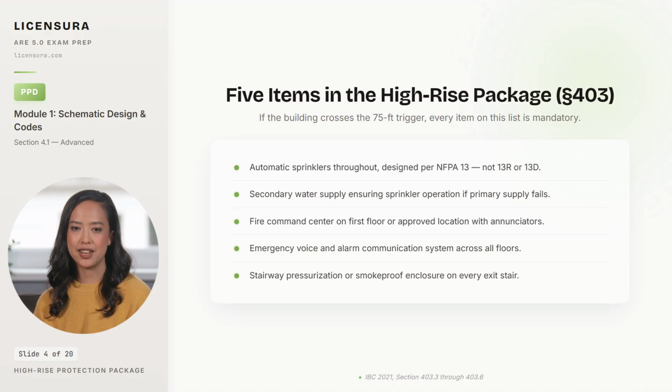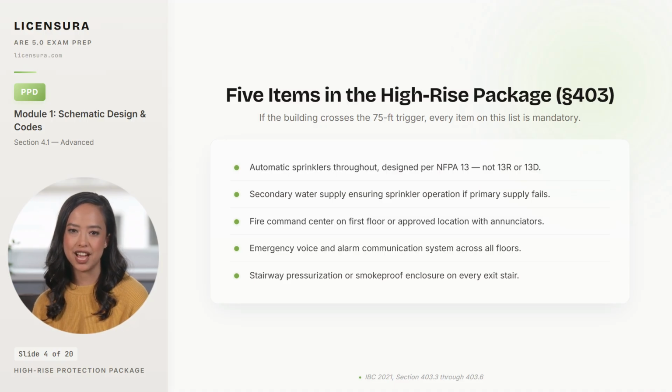Third, a fire command center on the first floor or an approved alternate location, equipped with the annunciator panels, communications, and controls the fire department needs to manage the incident. Fourth, an emergency voice and alarm communication system that lets the fire department deliver phased evacuation instructions floor by floor.